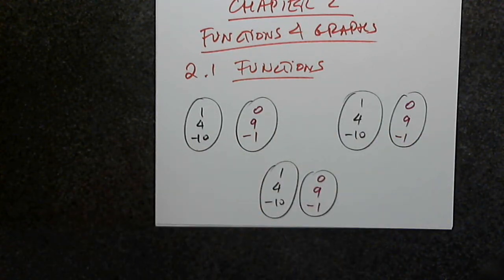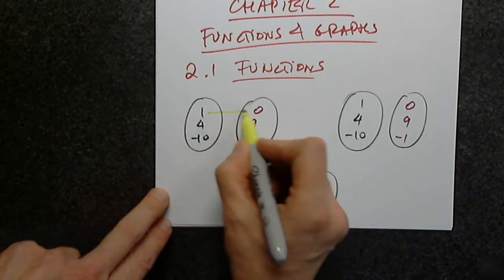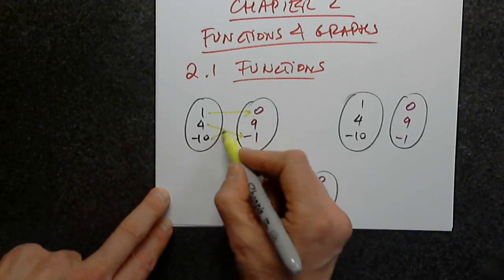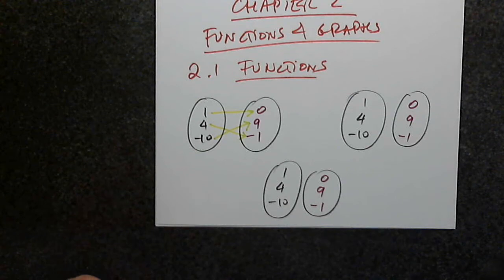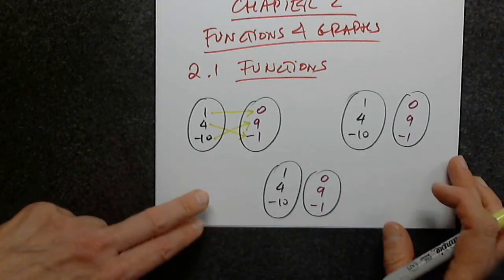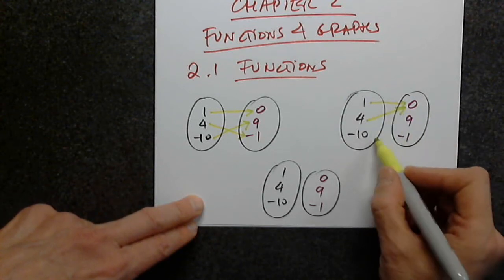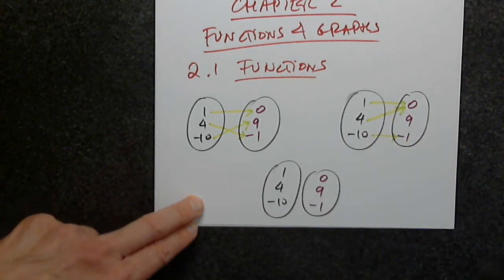And let's say I would like to connect them, and this is important, how I connect these x to y values, of course. So let's say I connect 1 to 0, I connect 4 to -1, and I connect -10 to 9. In the second situation, I'll connect 1 to 0, 4 also to 0, and -10 to -1.